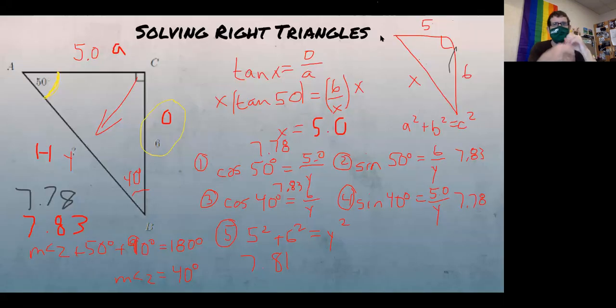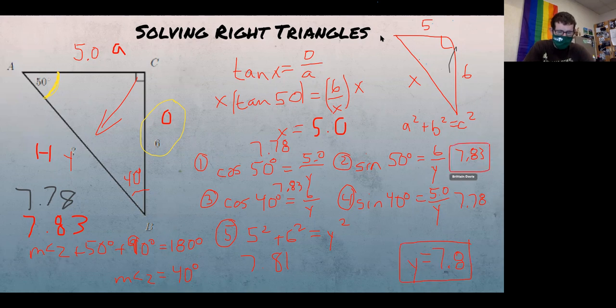All right, so you can see that there are slightly different answers based on which equation you pick. But when we round this to the nearest 10th, they're all 7.8. Notice that all of them are going to round to 7.8. The biggest value is 7.83.